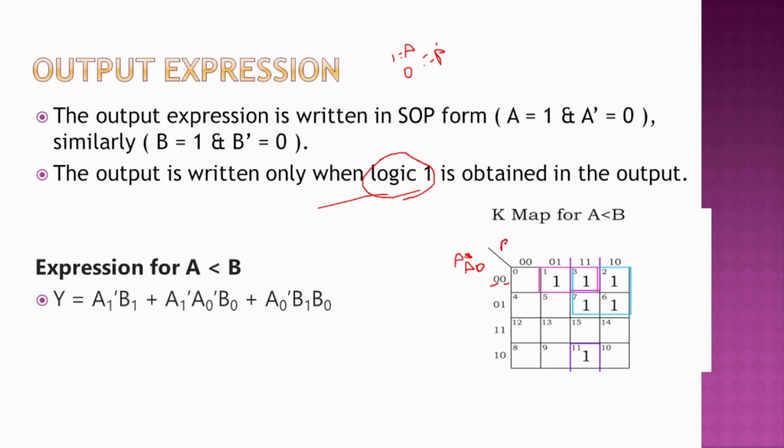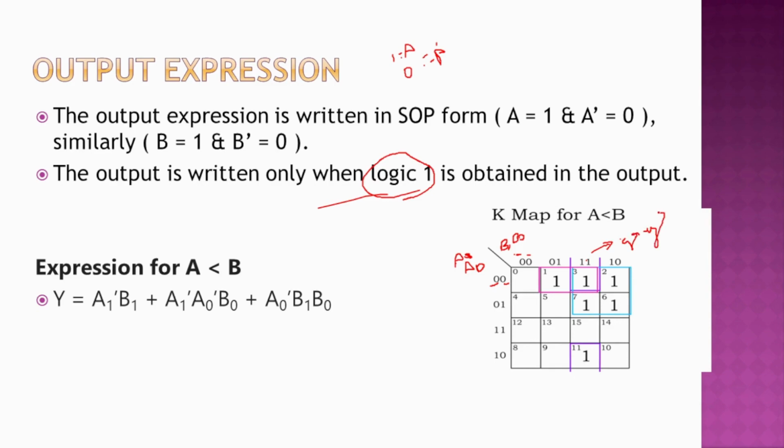And the column will be mentioned with B1 and B naught. So the first value is B1 and the second value is B naught. As usual, the same procedure to fill the K map. The K map is filled with the gray code. The columns and rows are filled with the gray code.